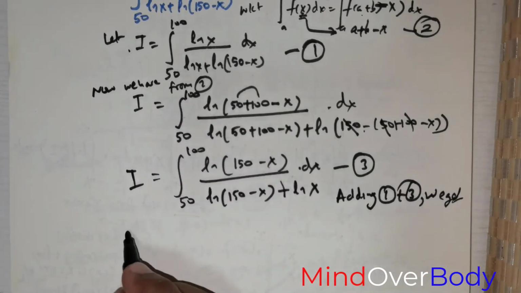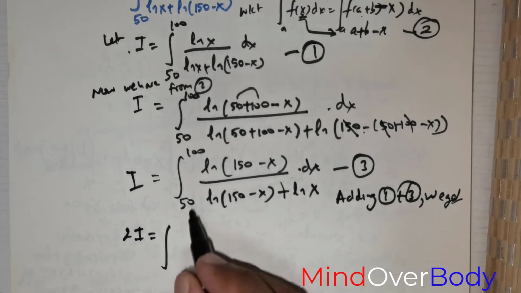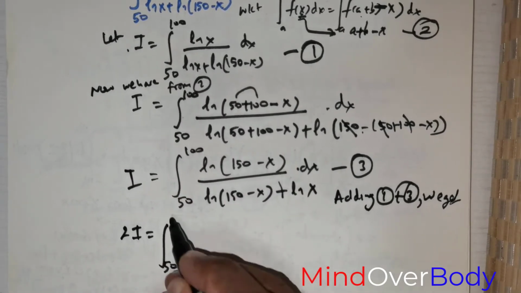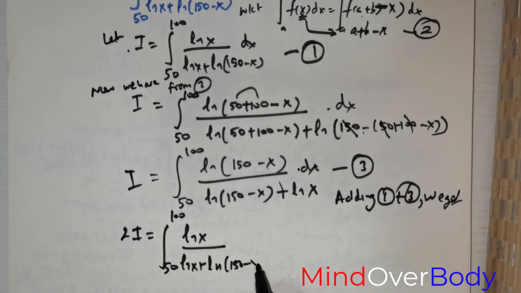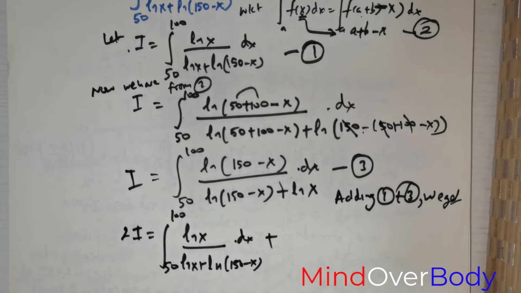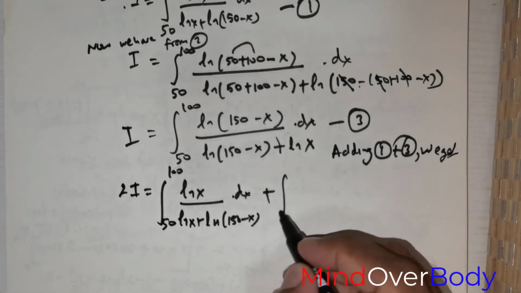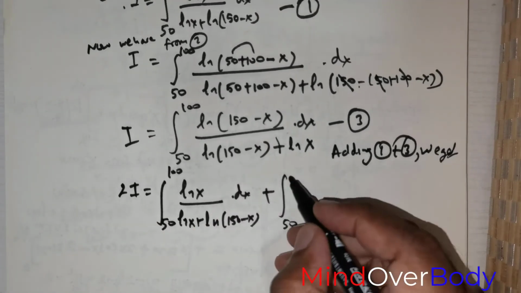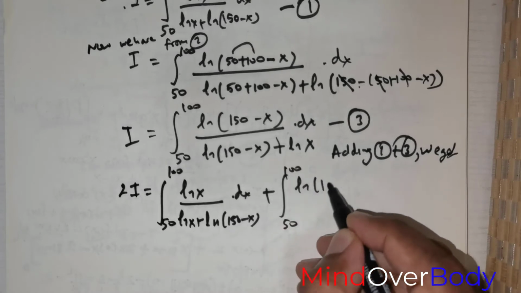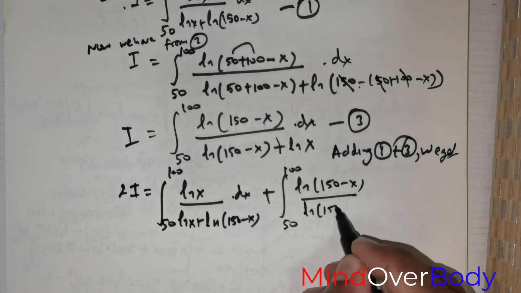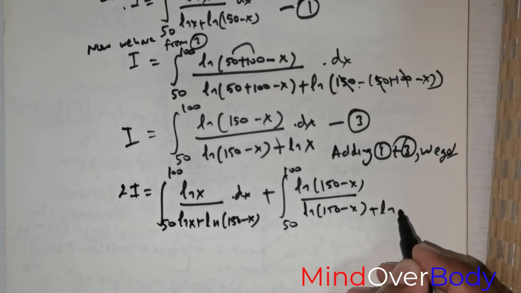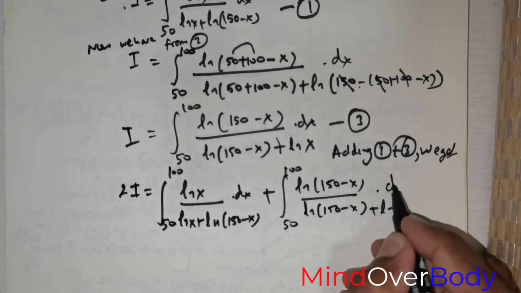I added with I would be 2I, which is equal to the integral from 50 to 100 of ln x over ln x plus ln of (150 minus x) times dx, plus the integral from 50 to 100 of ln of (150 minus x) divided by ln of (150 minus x) plus ln x times dx.